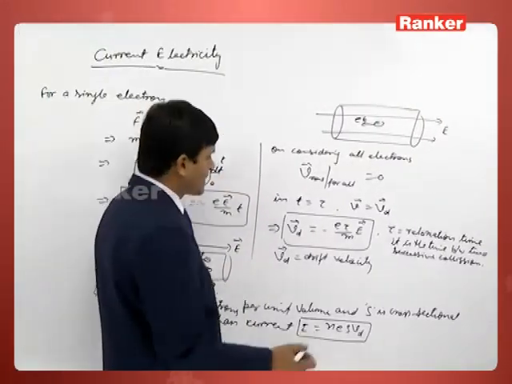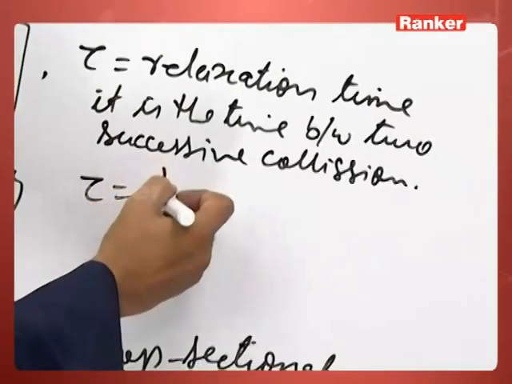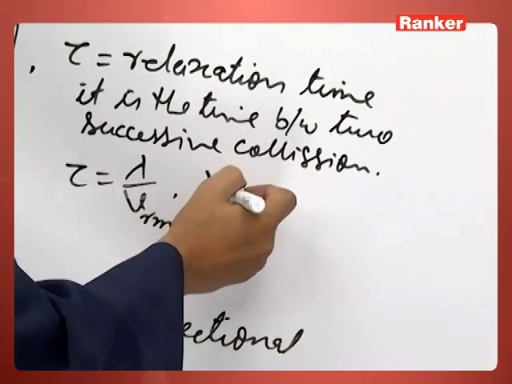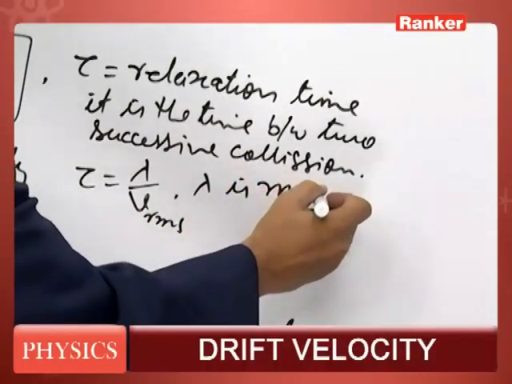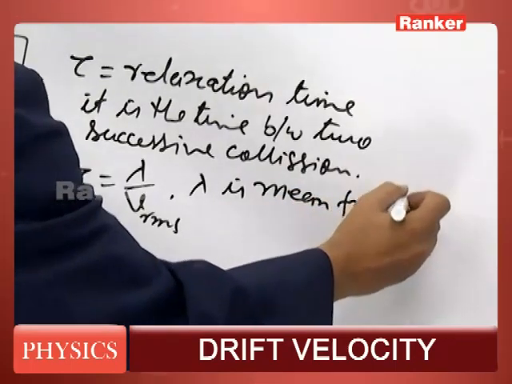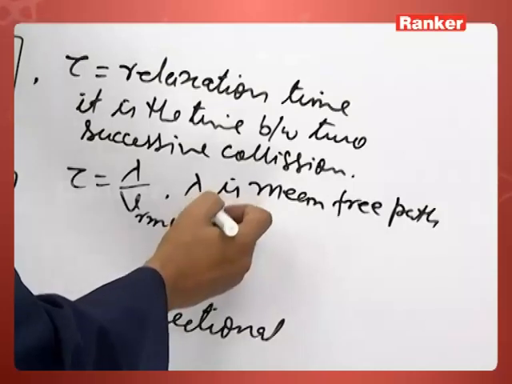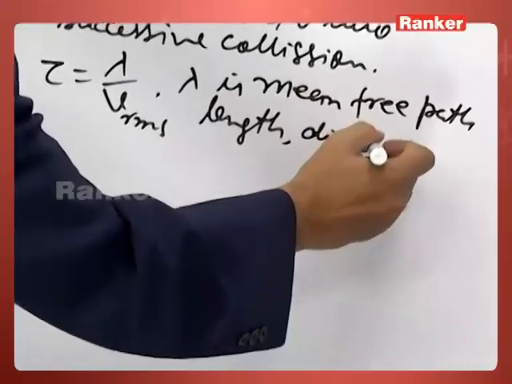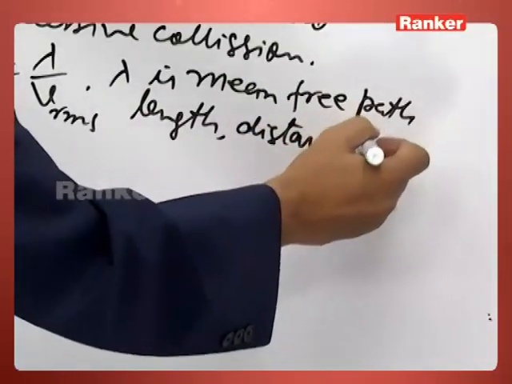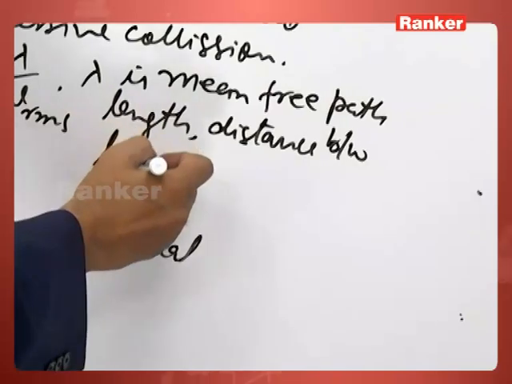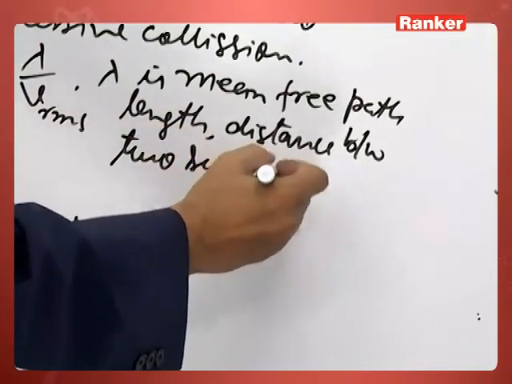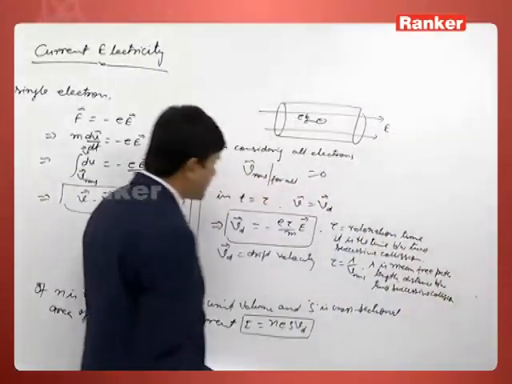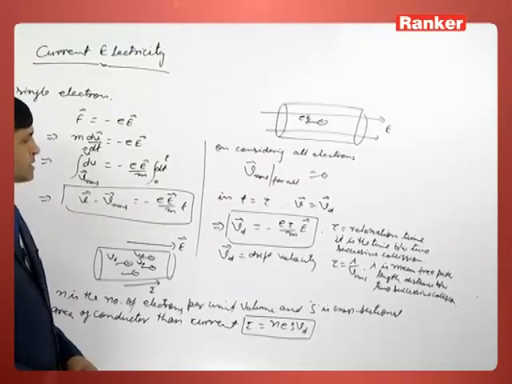And this tau we can further define as tau equals lambda by Vrms, where lambda is called the mean free path length. It is the distance between two successive collisions. So this is the meaning of tau as well as lambda.